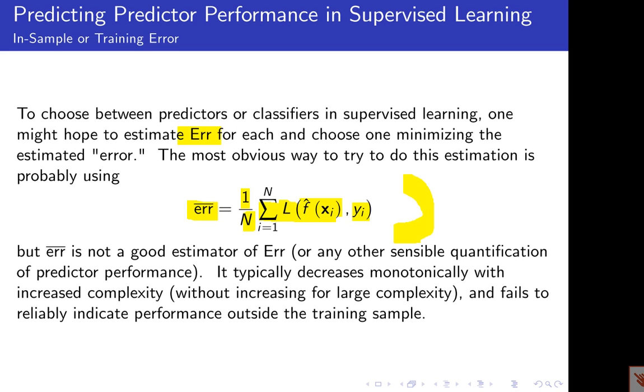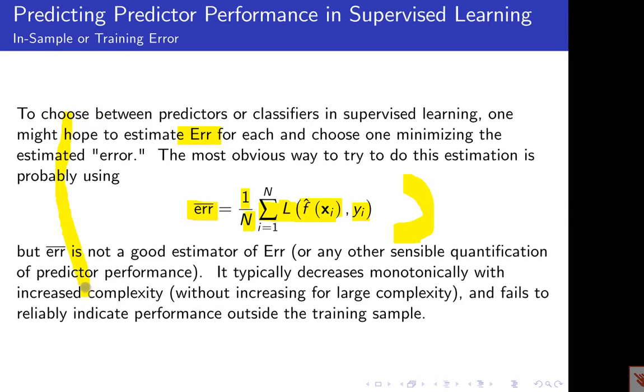Now, the biggest problem with using this method of quantifying what a predictor is likely to do is that it just doesn't work. The problem is this: typically, as a function of complexity, little ERR bar will simply decrease with increased complexity.